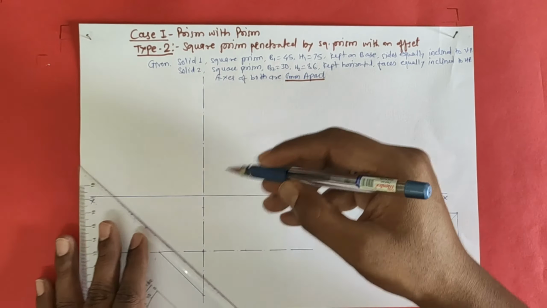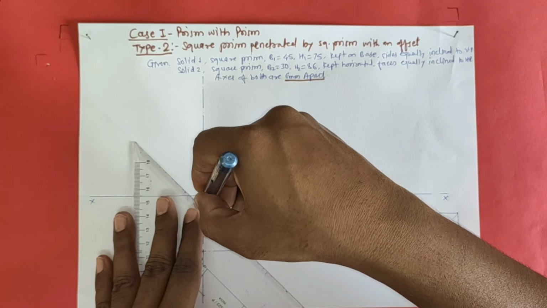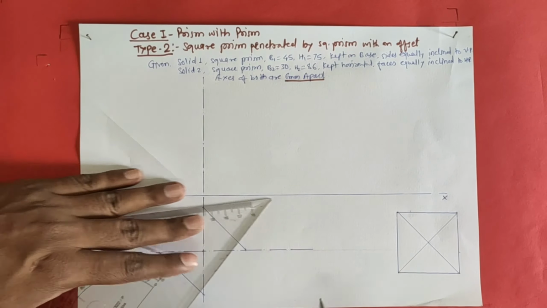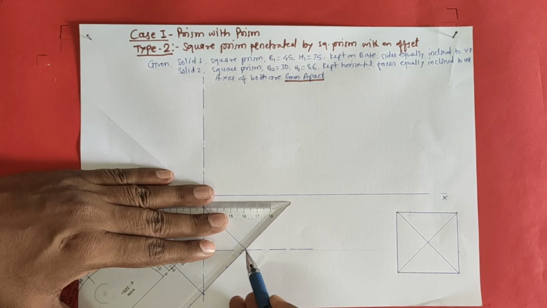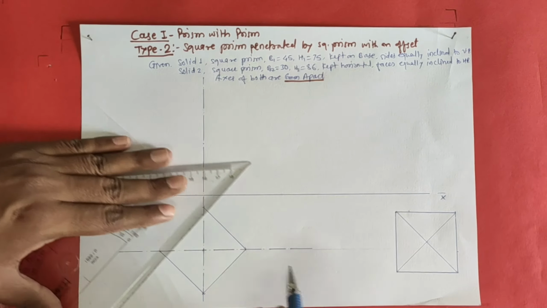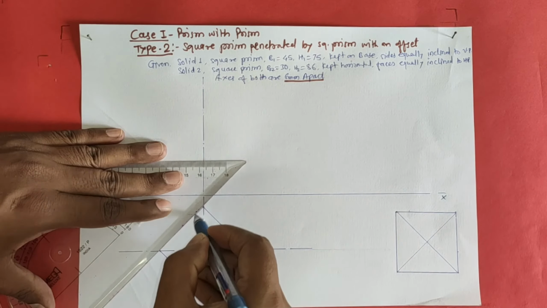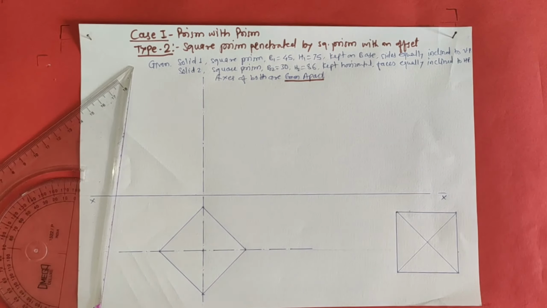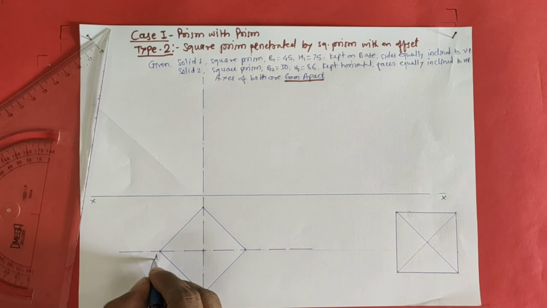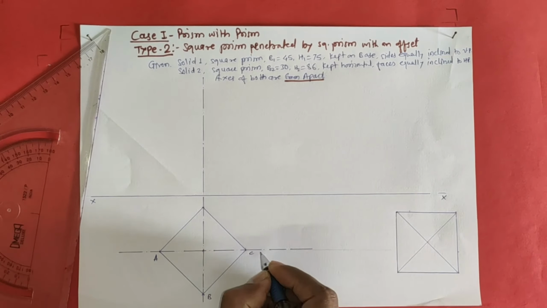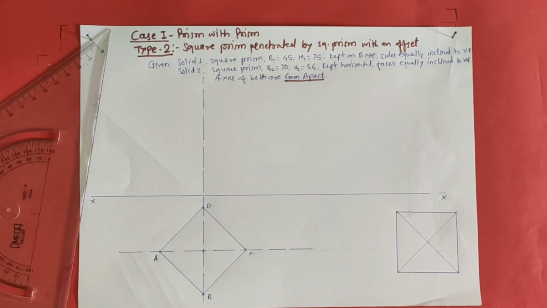So you will get the equally inclined to VP condition. I will name it as A, B, C and D.